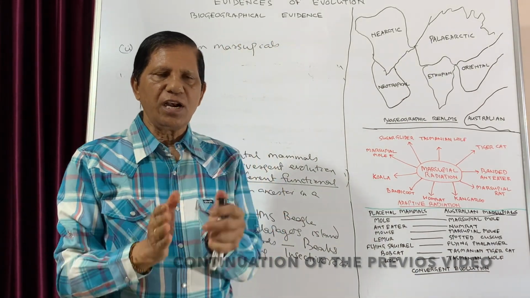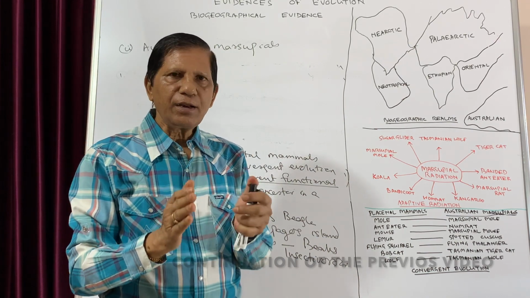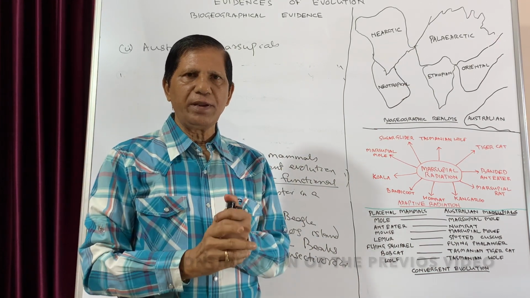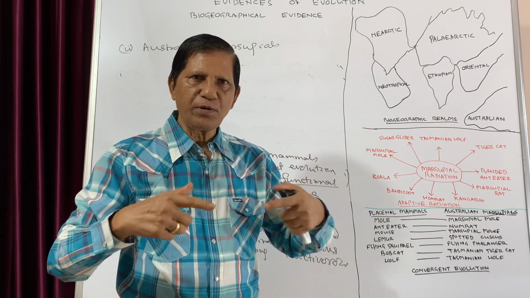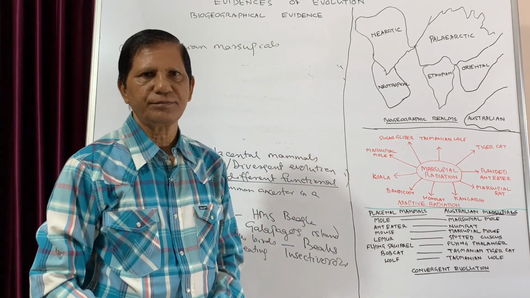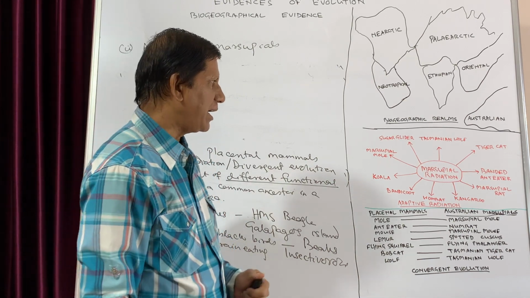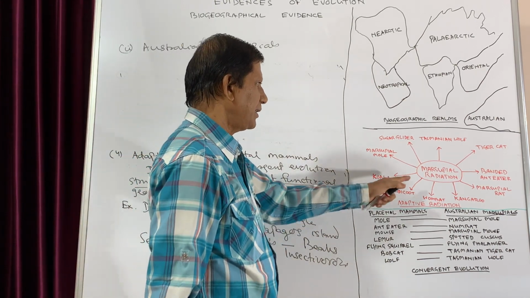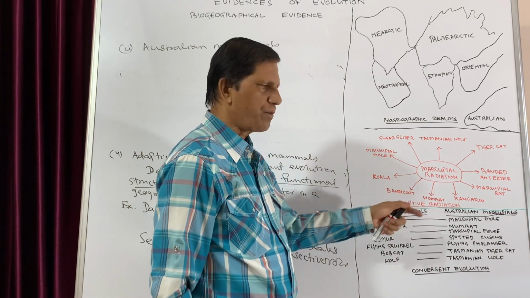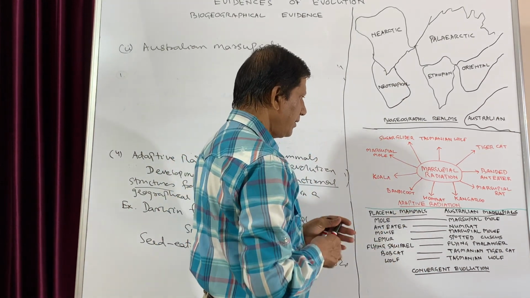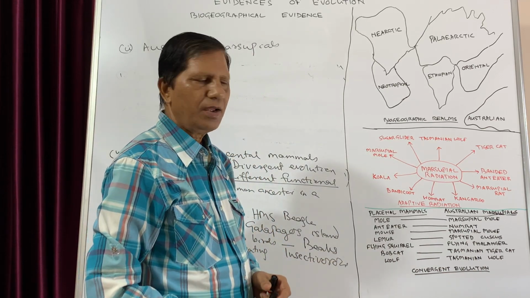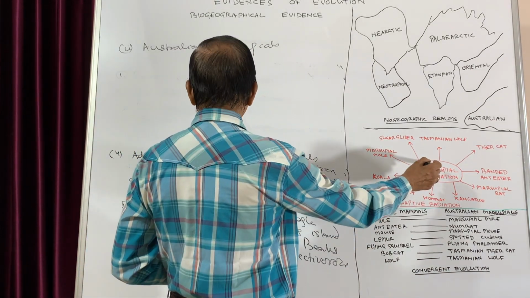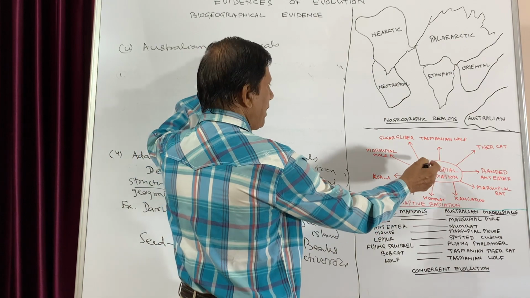In case of Australia, there are some ancestor marsupials from which diverse types of organisms evolved. So this I have already drawn here, you see. This is the marsupial radiation. At the center there is the common ancestor, which we can call the Australian marsupials.